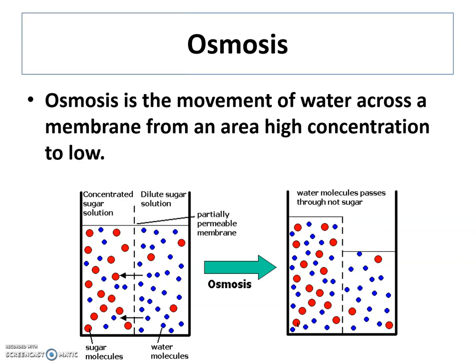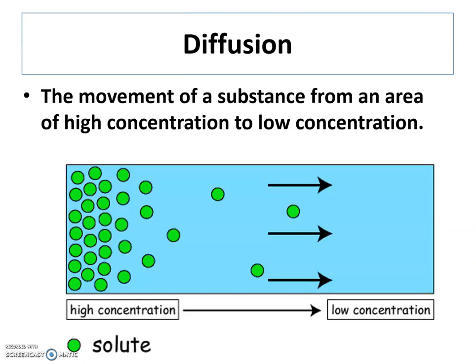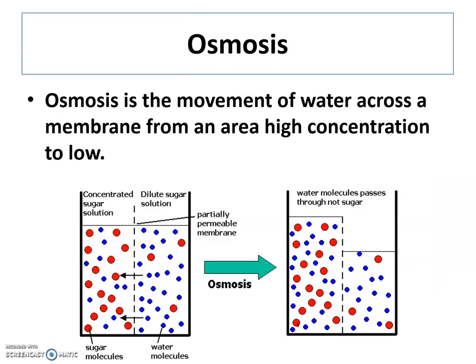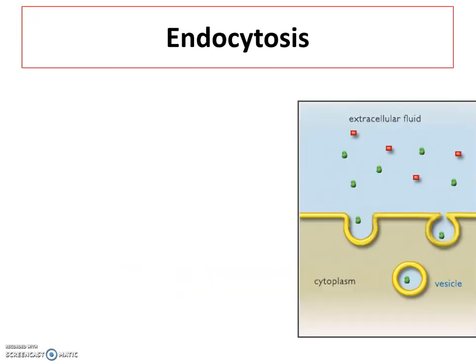The grape that's in regular water gets slightly larger because there might be, for example, some sugars inside of the grape where water wants to balance it out, and thus the grape will swell. So osmosis is very similar to diffusion, but it's through a membrane and it deals with water only.